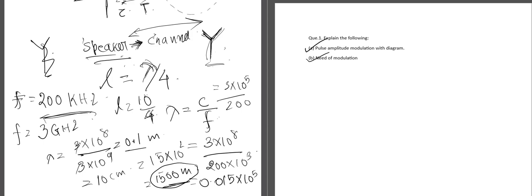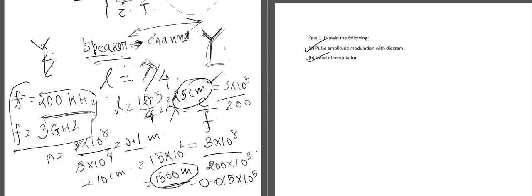If we do it, that gives 2.5 centimeters, which is very much within our possible range, right? Constructing a 1500 meter, or 1.5 kilometer, antenna is not really possible. But constructing an antenna which is only 2.5 centimeters is very much possible. So this is the most primary need of modulation.